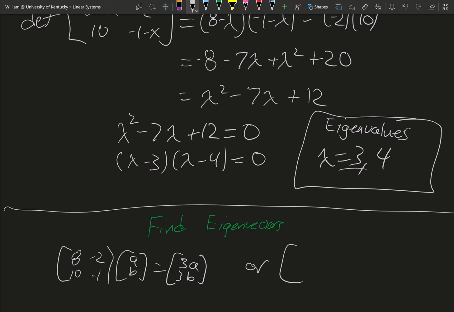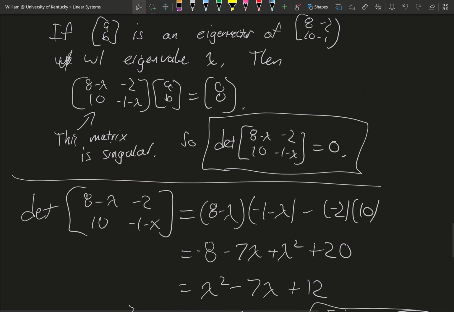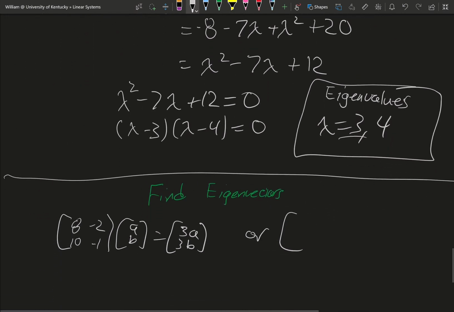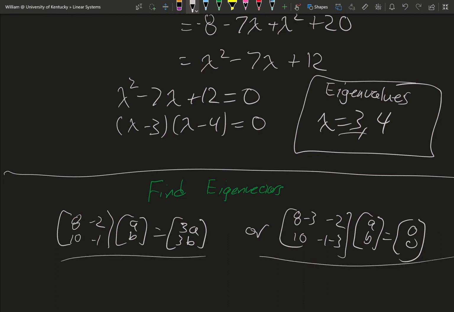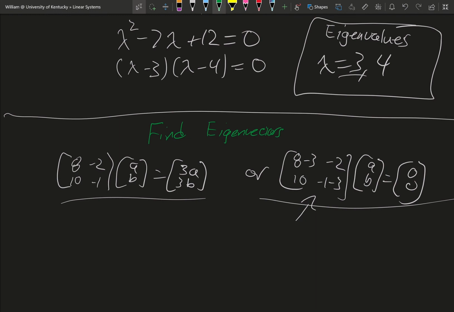Or we could just stick with this thing here: 8 minus 3, negative 2, 10, negative 1 minus 3, times (A, B) equals 0, 0. For this step, you can actually solve either one of these. In my experience, this one tends to be a little bit faster, so that's the one I'm going to work with.